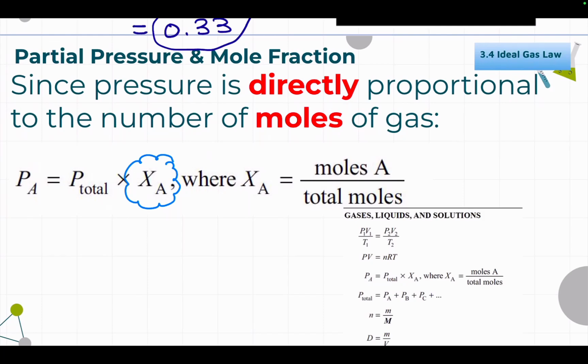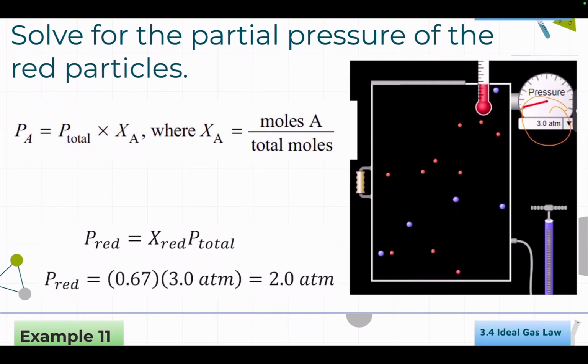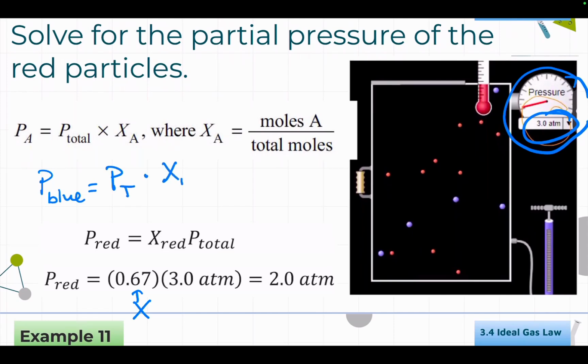If I want to calculate the pressure of the red particles, I'm going to take my mole fraction of the red times the total pressure. In this picture, there is a 3 atm. Similarly, if I want the pressure of the blue, I'm going to take the total pressure times the mole fraction of the blue that I had done previously.